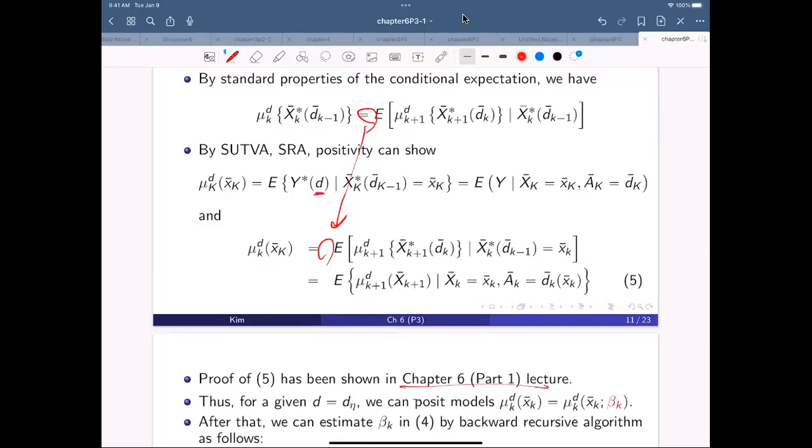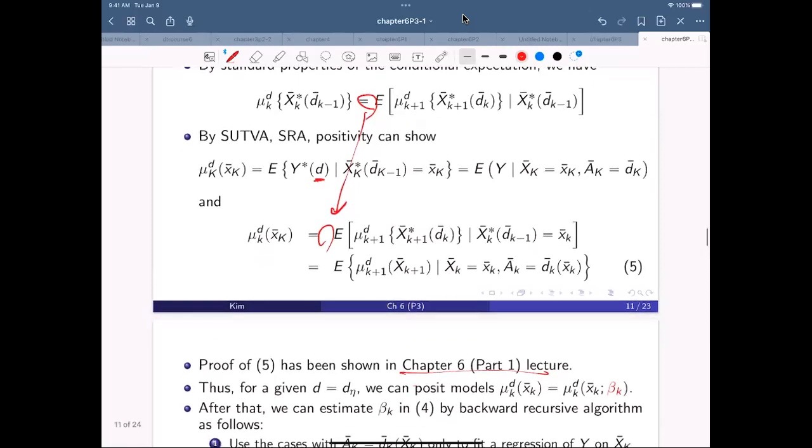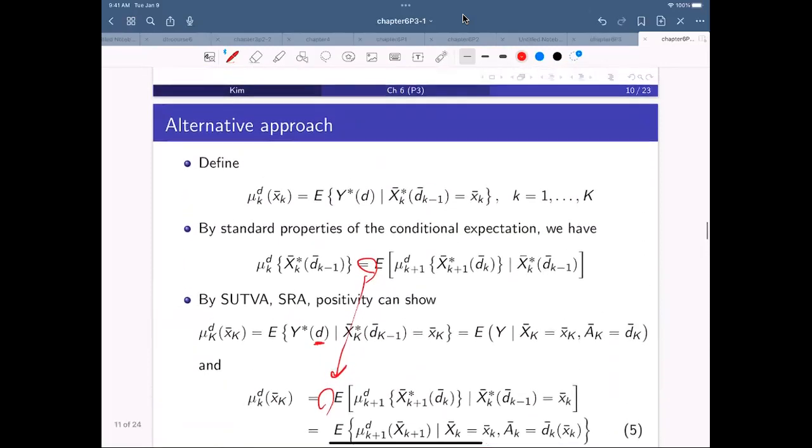So basically, that means when you are doing this kind of backward induction, you start with the capital K regression and then move backward.